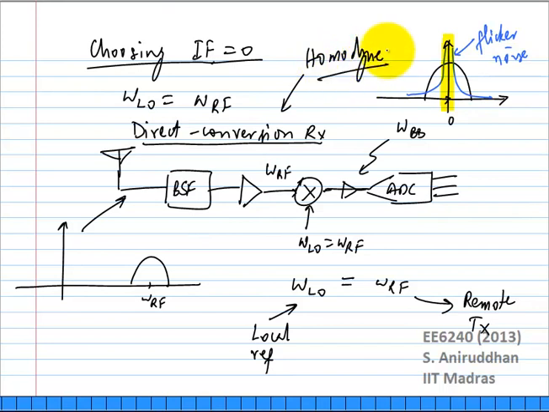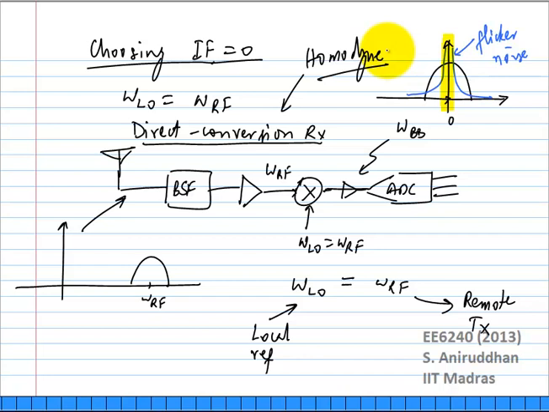So you don't have any image problem. Obviously the receiver is very simple. Your ADC needs to be fast enough only to get the signal bandwidth. It doesn't need to be fast enough to do anything much further. Filtering is very simple, it's at baseband. Most things are simple except for this DC offset and flicker noise problem. If you can take care of those two, this is the simplest receiver.